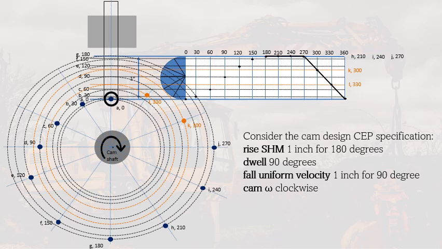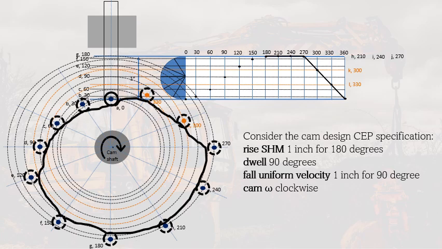So as a consequence of that, we're going to draw the same roller in every point that we generated, as shown here. So these circles have the same radius as this circle, and the intersection of the bottom of this circle would represent now the cam profile. So we have the cam profile.